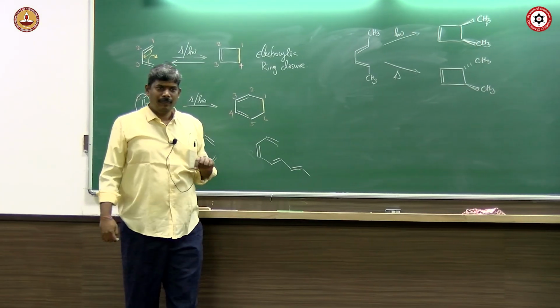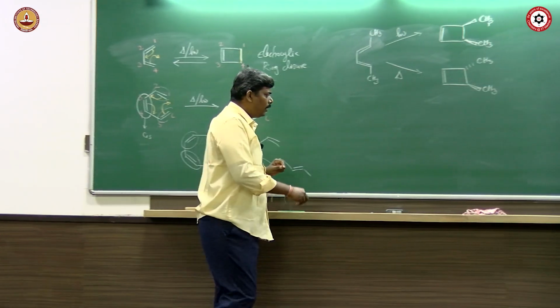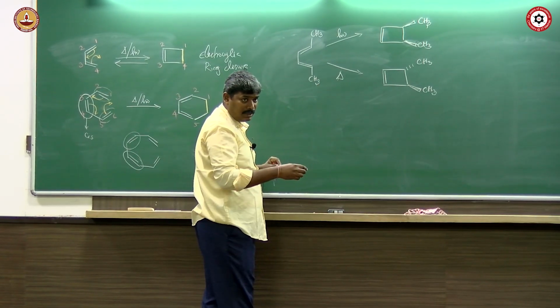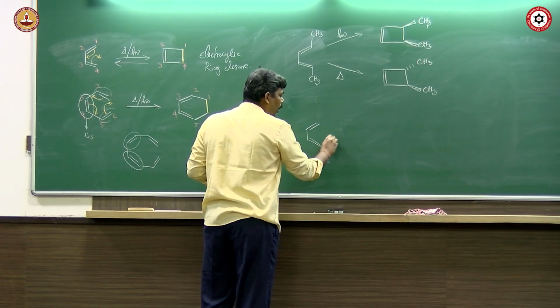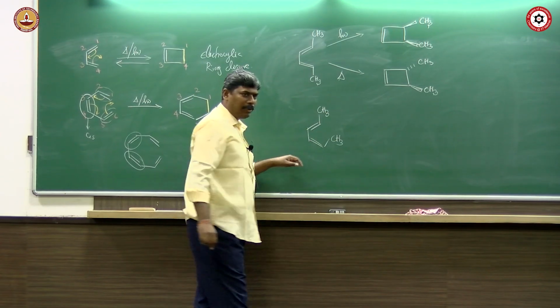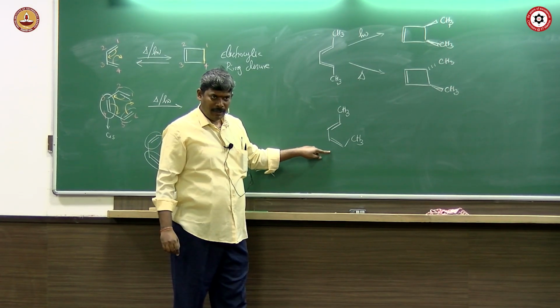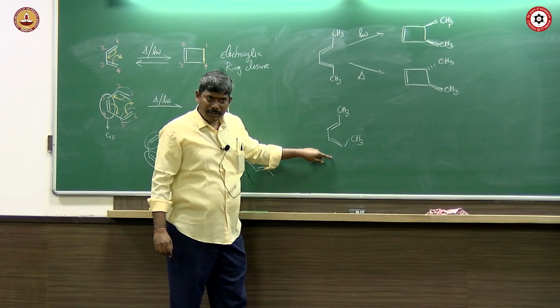Okay. Now let's do the same small change in this particular system. Because this condition changed, one of the olefin geometries changed. Now the number of electrons is the same, right? 4n electrons, but the geometry of the alkene changed.